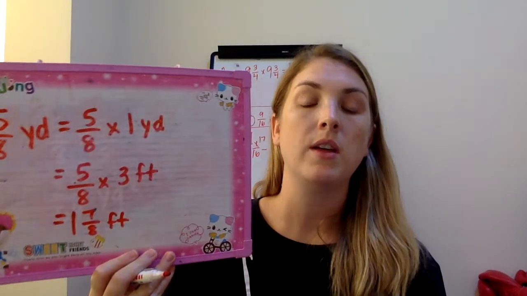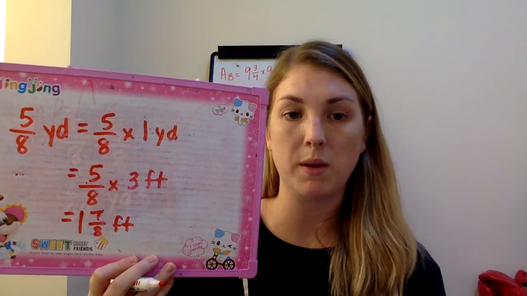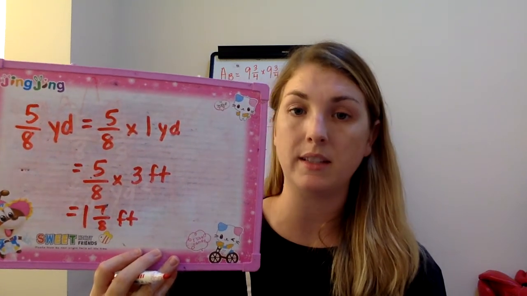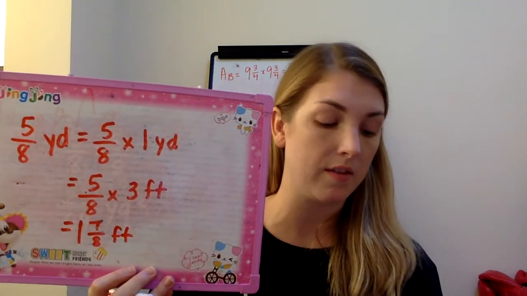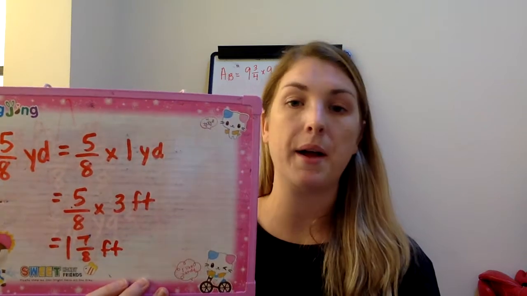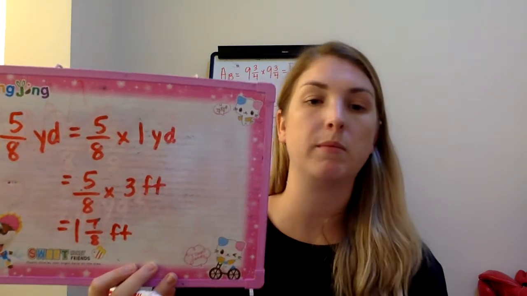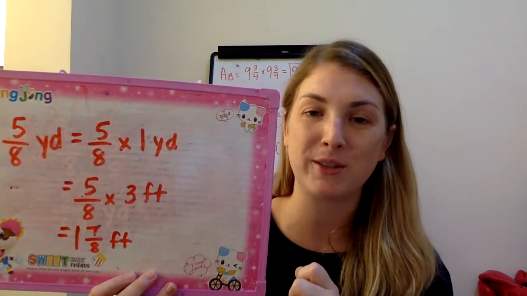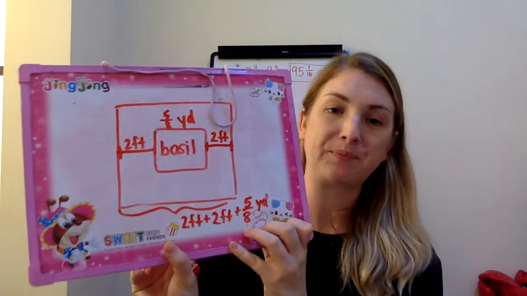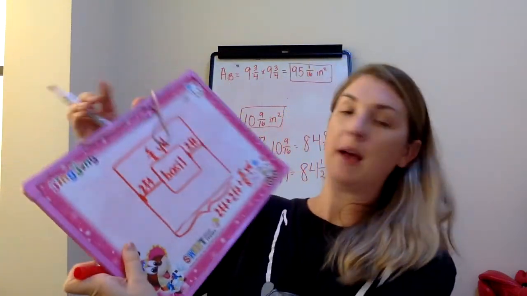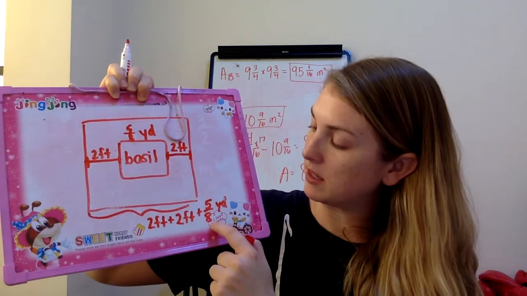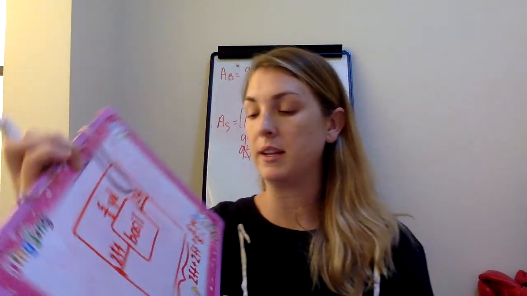Okay, so this is just the measurement of one side. I need to find the perimeter of the entire, oh wait, that's not one side, sorry, that's just the 5/8 yard. So I'm going to go back to this side. I had 5/8 yard here, now I'm going to put 1 7/8 feet.